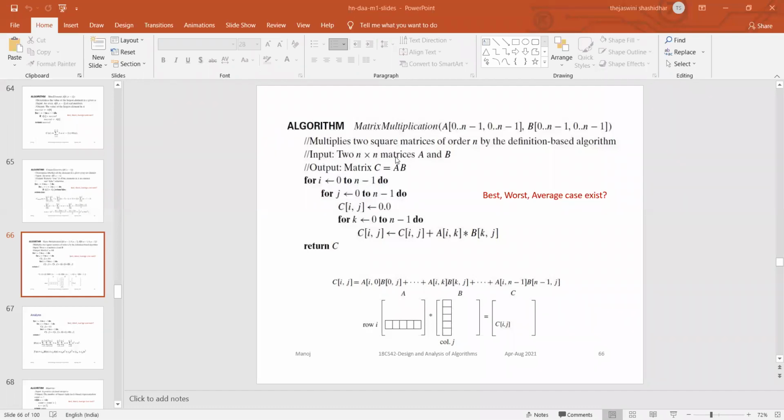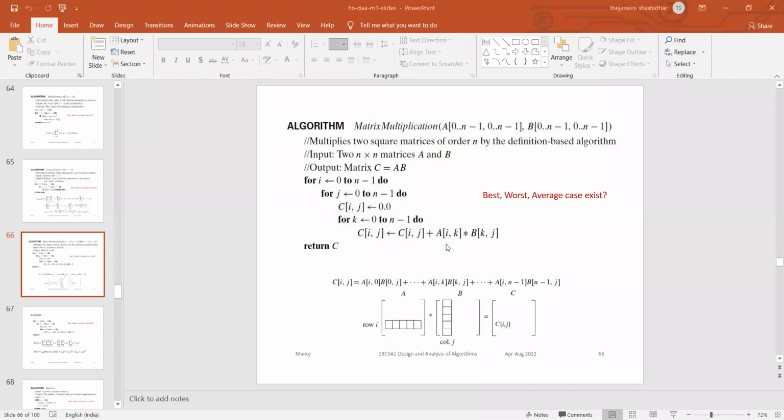The input is n cross n, which means n rows and n columns for matrices A and B. What is the output? Output matrix C is equal to AB. We are going to range in terms of i and j: i for row, j for column.